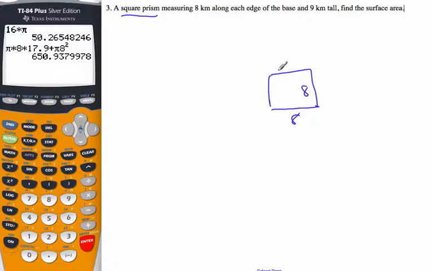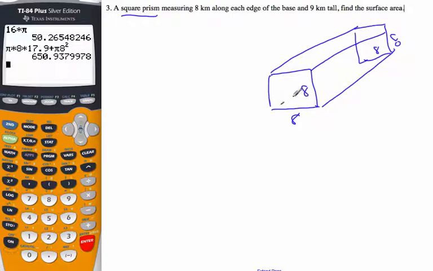The prism means it's going to go out this way, and I have another square out here that is also 8 by 8. These all connect as such. This is 9 kilometers. And this is my square, as is the back.